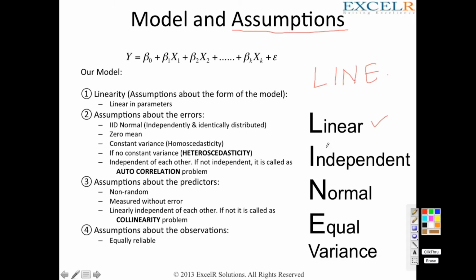L stands for linear, I for independent, N for normal, and E for equal variance. Linearity, you know how to find out linearity in the various parameters using scatter diagram. You can do that.